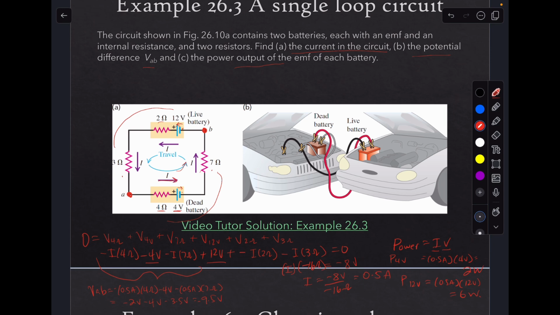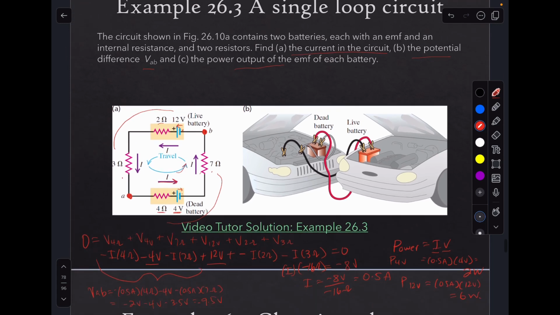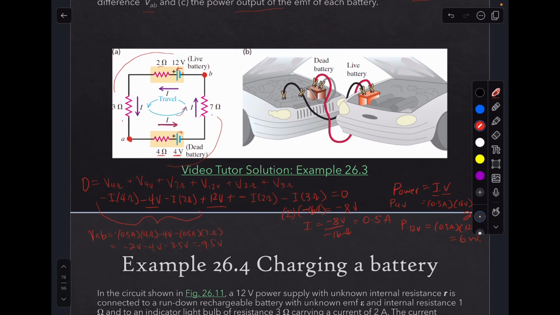Okay, so this example is just basically to illustrate how to use those sign conventions when using Kirchhoff's loop rule. All right, so crossing the batteries was really the most difficult part because, you know, one battery, if you kind of look, it looks like they're in the same polarity, but they're really in opposite polarity because the negative side is connected to the negative side here, right?